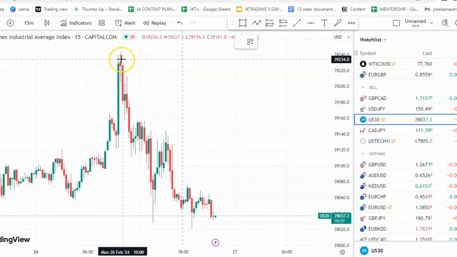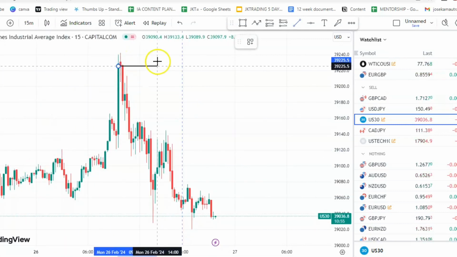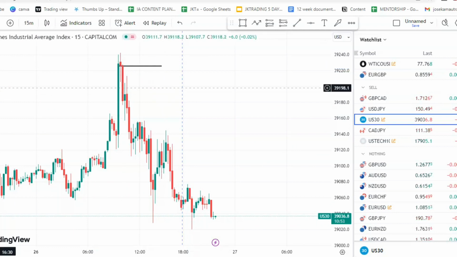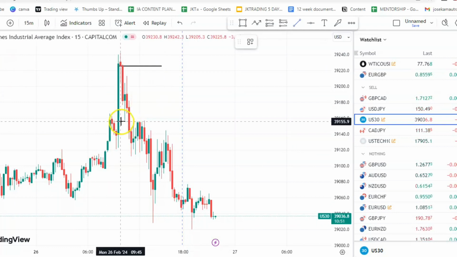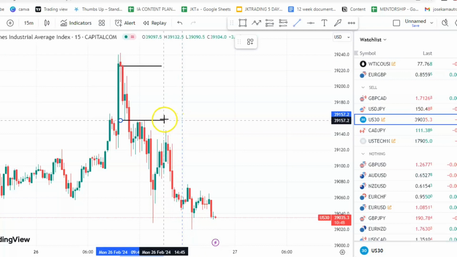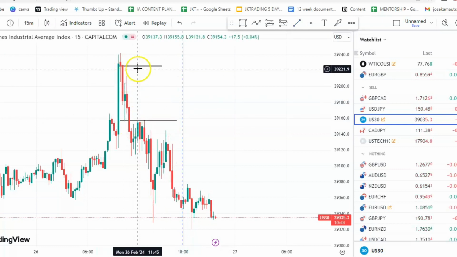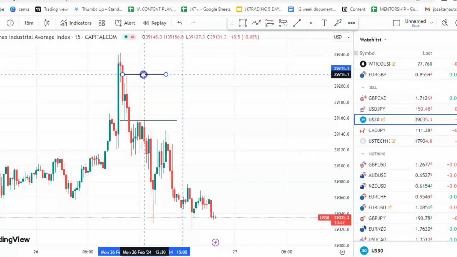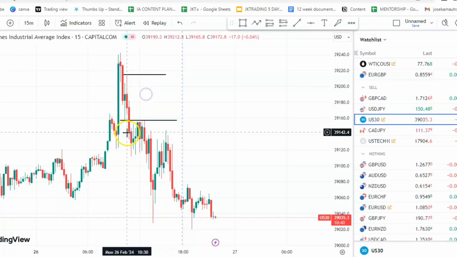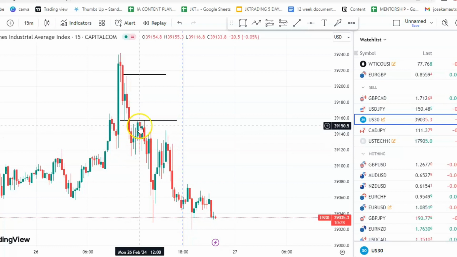For example, this is the entry here. Now, price breaks out of this level and gives us this higher high. So you can move your stops to that high. Again, price gives us another higher high and then breaks structure.